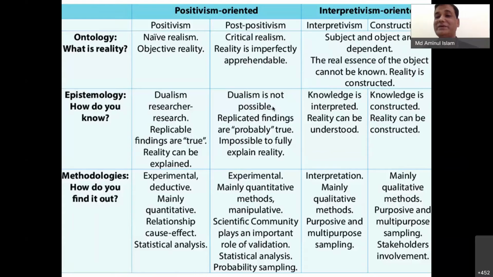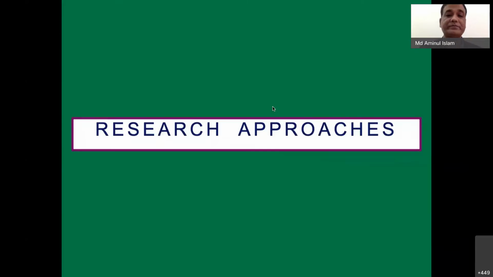That is interpretivism, using qualitative study. Or we go for constructivism. We construct hypothesis, construct a theory, develop a theory, also using qualitative study and inductive approach. I'm going to explain inductive and deductive approach later. So positivism and post-positivism, if we go through this philosophy, we will use deductive approach and go for quantitative study. If you are going for interpretivism or constructivism, then we will follow qualitative and inductive approach, okay?